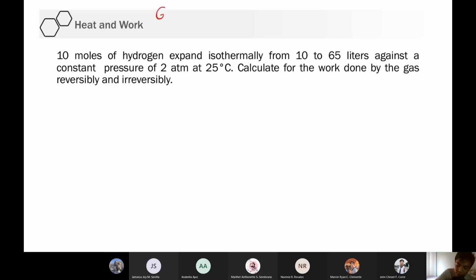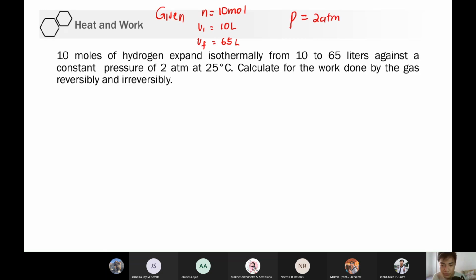Given. Ano mga given? Mole of gas is 10 mole. Volume, so initial is 10 liters, final is 65. And the constant pressure is 2 atm.